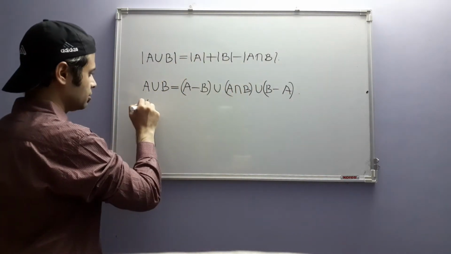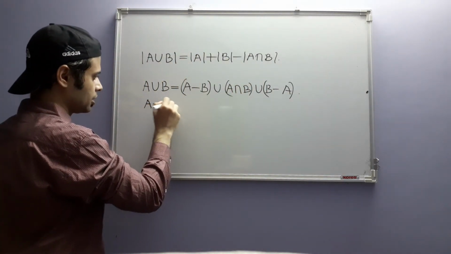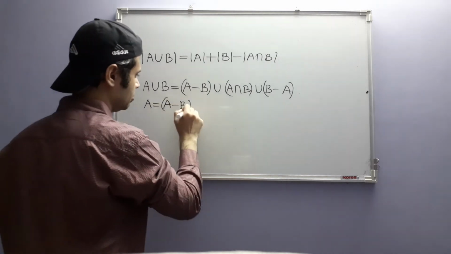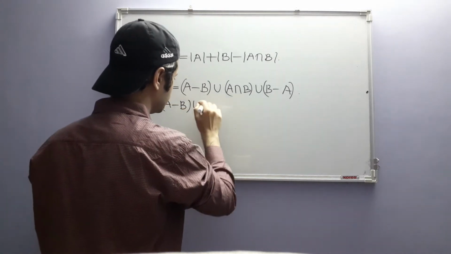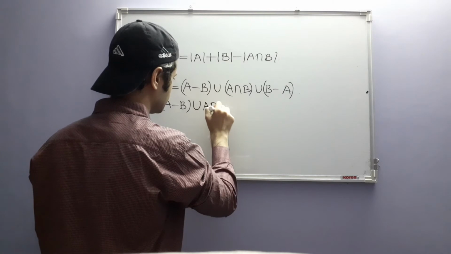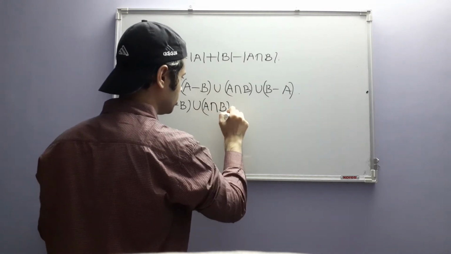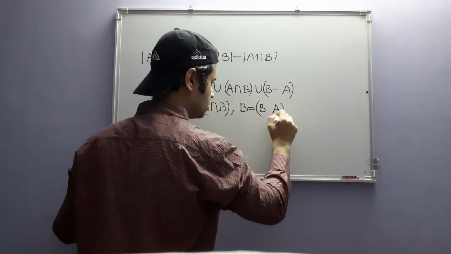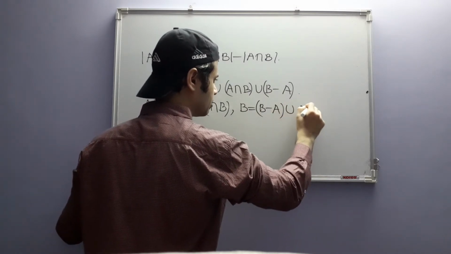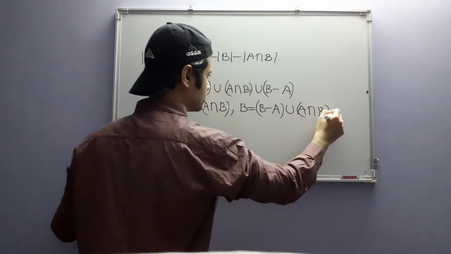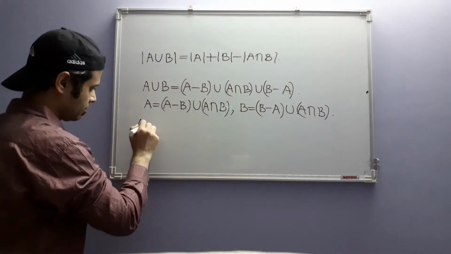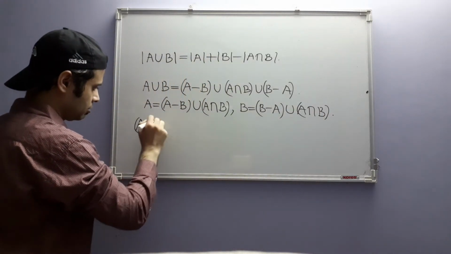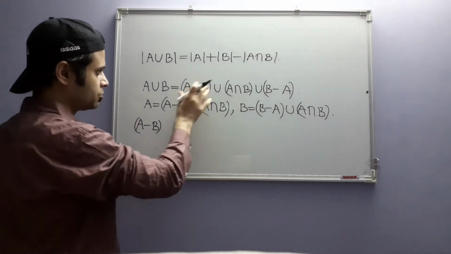This is one. Another one is A equals A minus B union A intersection B, and just like that, B is equal to B minus A union A intersection B. And these three sets are mutually disjoint.